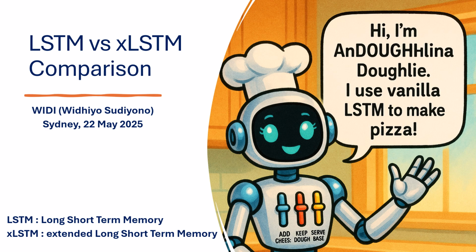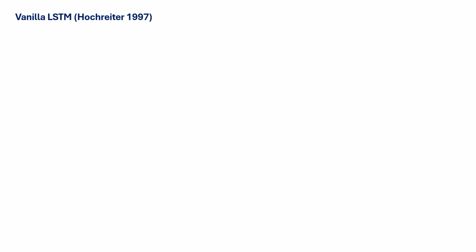Here, I will be using a pizza robot called Andolina Dolly. She uses vanilla LSTM. Vanilla LSTM, or long short-term memory, was first introduced by Hochreiter in 1997.